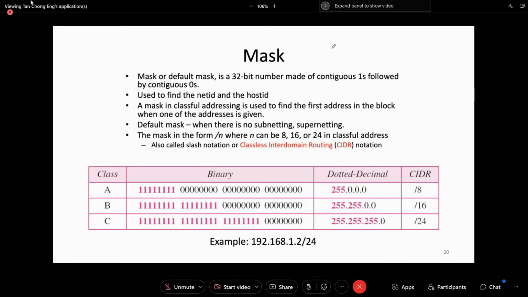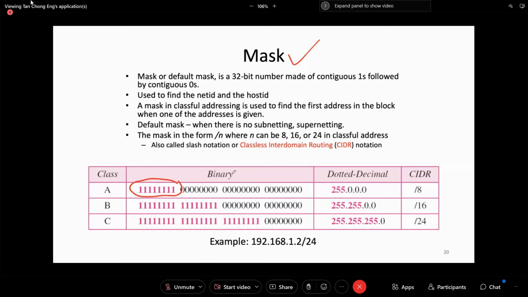You can see Class A, the net ID is 1 byte. In order for you to create the mask, the mask is actually to mask the host ID, the node ID. That's why they all start with 1. They are all 1 because they are doing an AND operation. 1 and 0 is going to be 0. 1 and 1 is only going to be 1. So that is actually the whole idea.